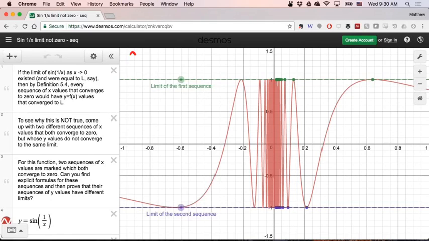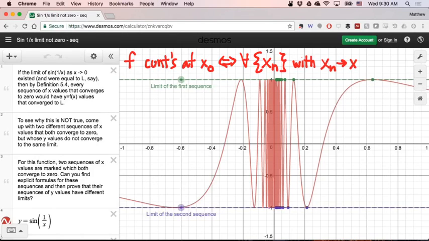So f is continuous at x naught if and only if for all sequences, let's call them xn's, of x values, such that the xn's converge to x naught, we have the sequence of the y values of those points, f of xn, converges to f of x naught.